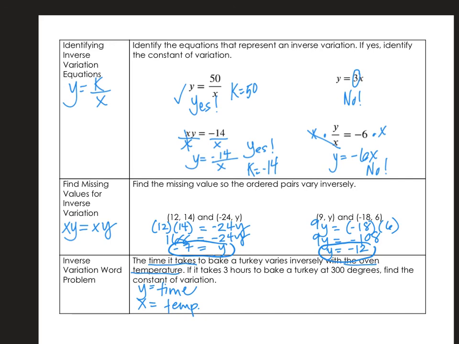Okay, so we know that our formula for inverse variation is y equals k over x. If we're just solving for k, then all we need to do is x times y. So our x value, our temperature, is 300. Our time is 3 hours. So our constant is 900.